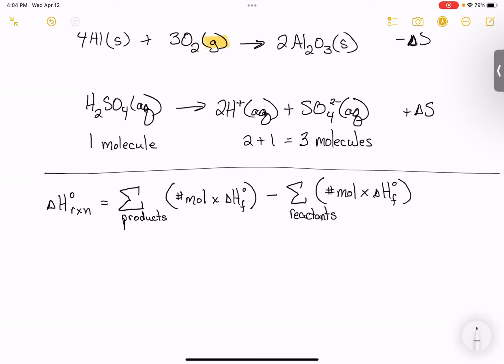Now that you're seeing it, do you recognize it? We'll be using that equation when we get to Gibbs free energy.